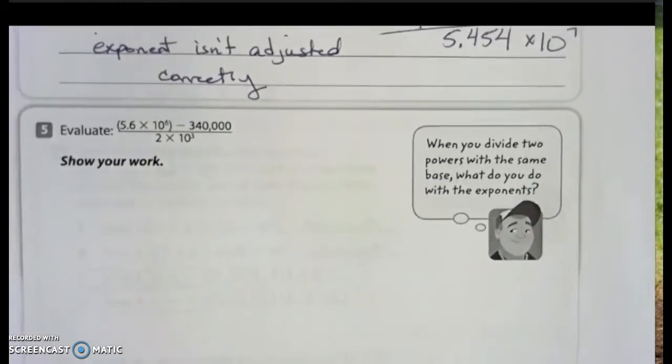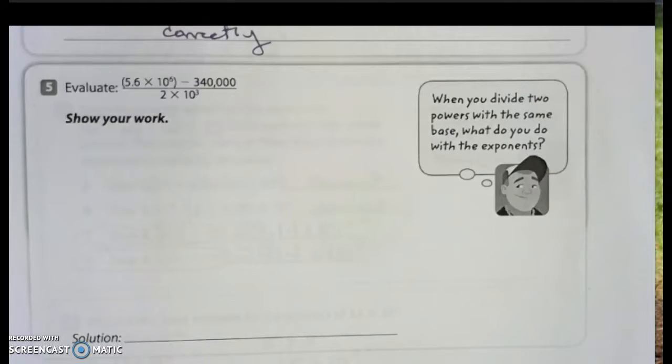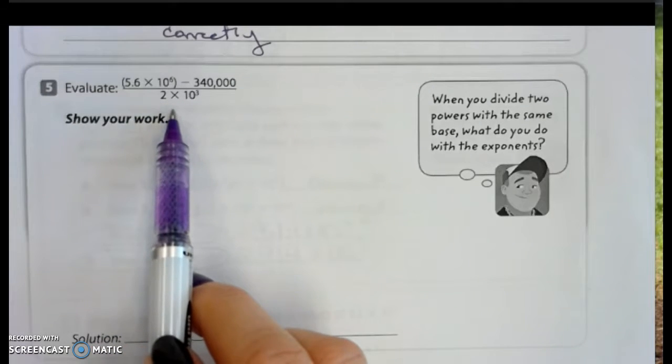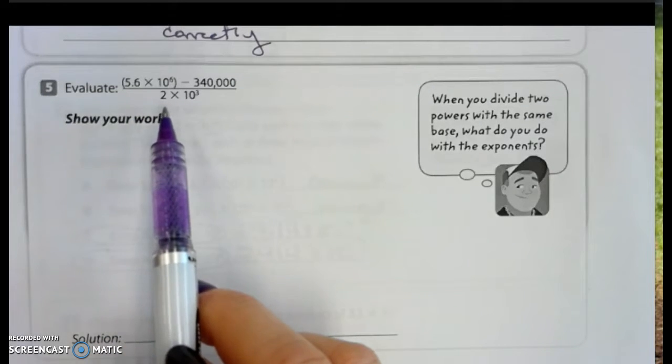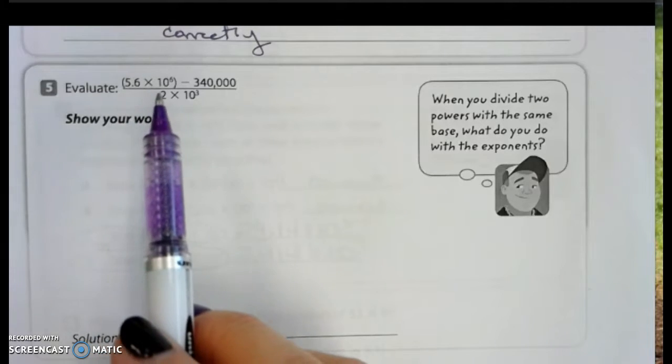All right, number 5. I think a lot of you saw a question like number 5 on your study guide and you kind of panicked. I want you to think about order of operations and what you know about a fraction. This number minus this number divided by this number. Now, order of operations says parentheses come first.